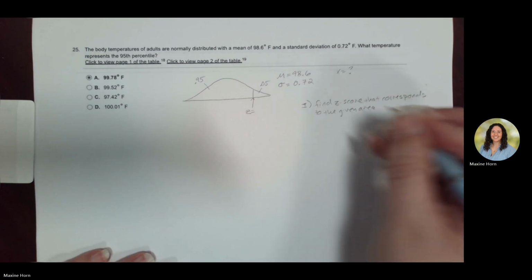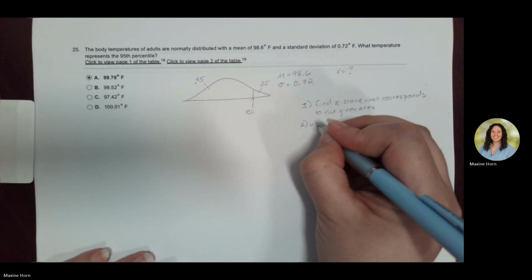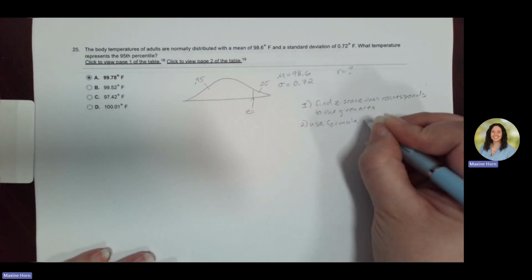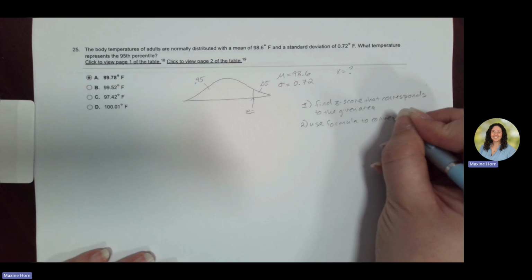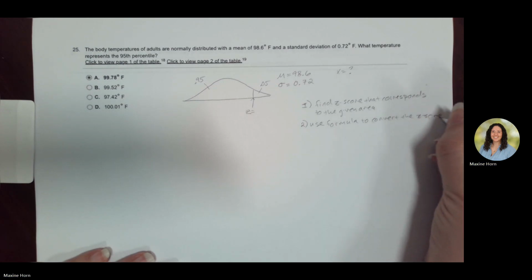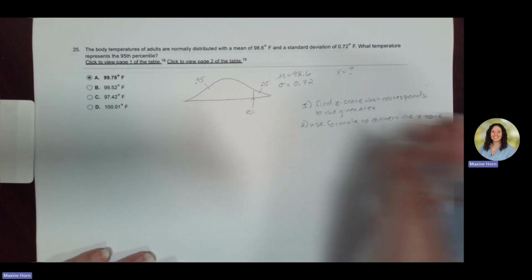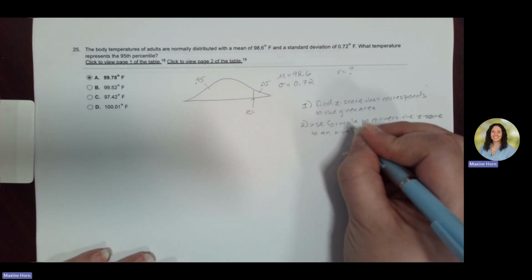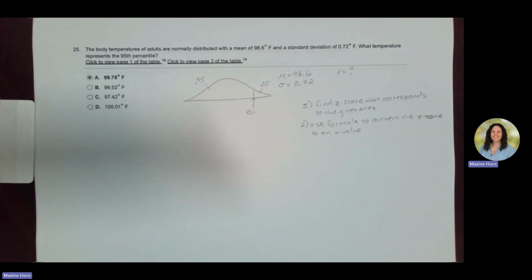And then once we have that Z-score, we're going to use the formula to convert the Z-score to an X value. All right, so that's how we're going to do it if we do it by hand. We'll do it in the calculator later.